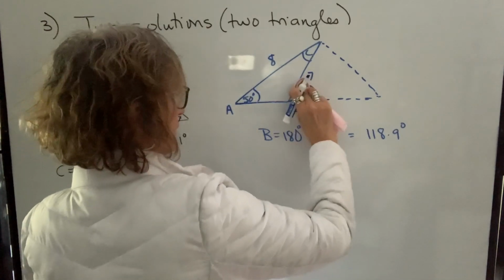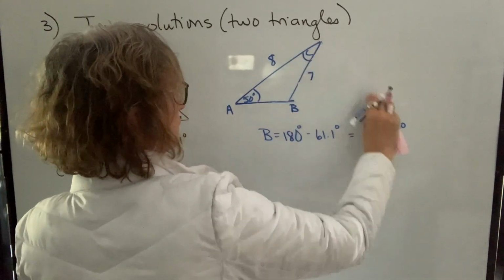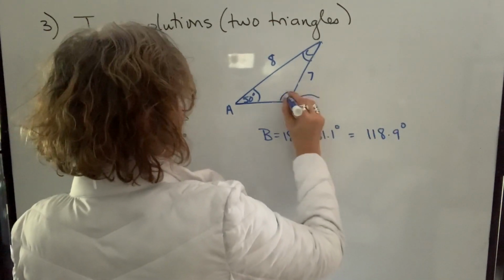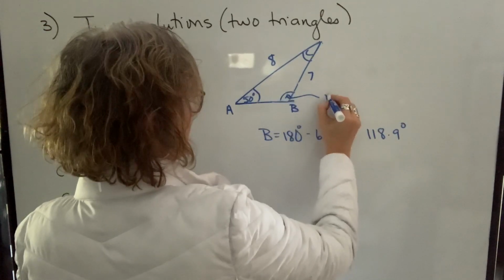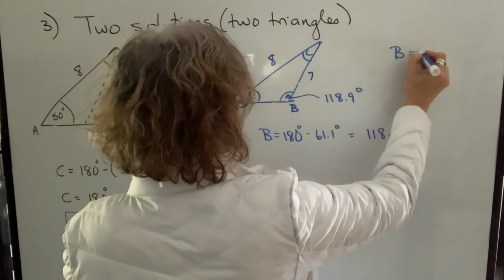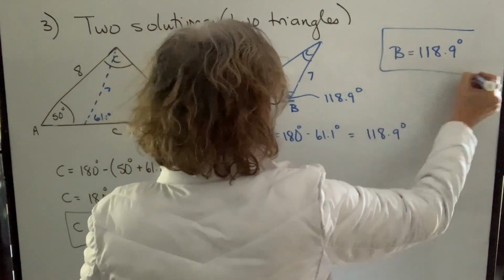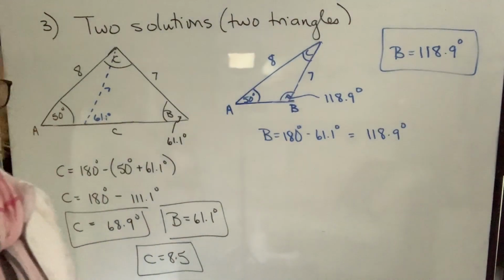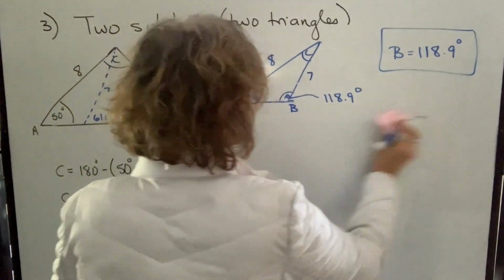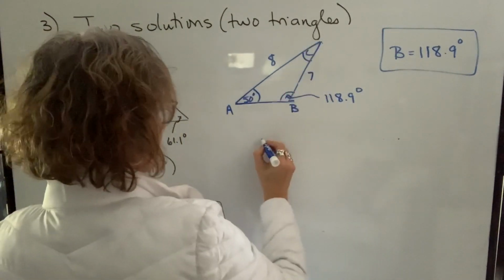So I'm just going to get rid of this now. This new angle B is 118.9 degrees. So in this triangle, that's angle B. In order to find angle C, I know A plus B plus C add up to 180 degrees.